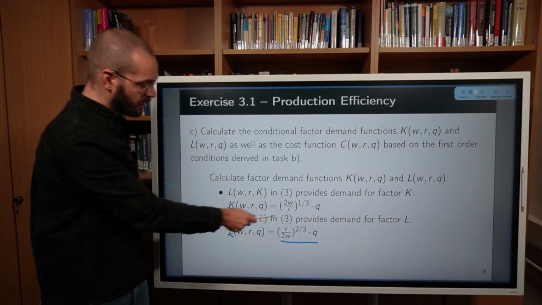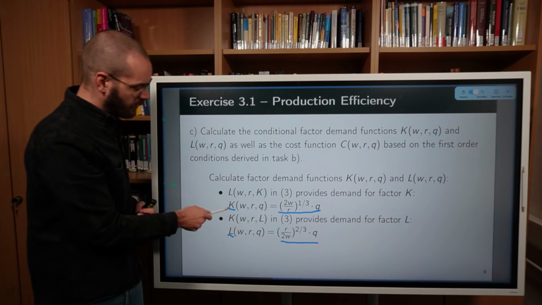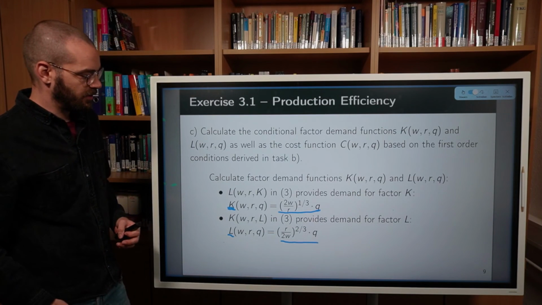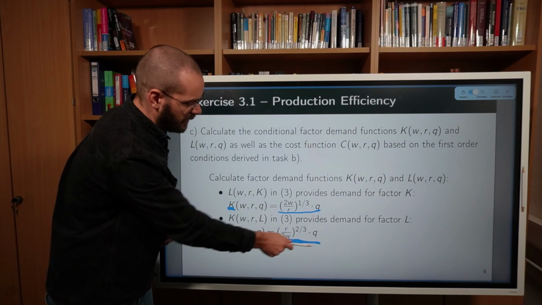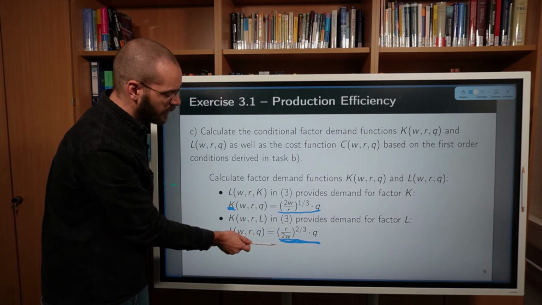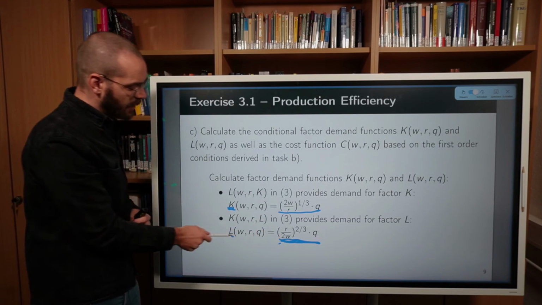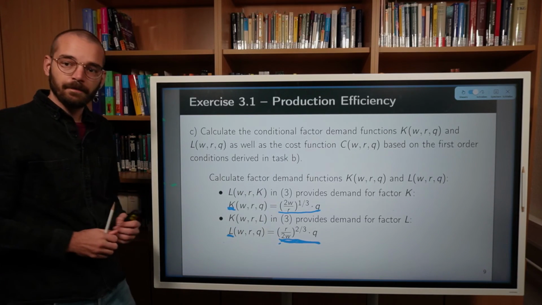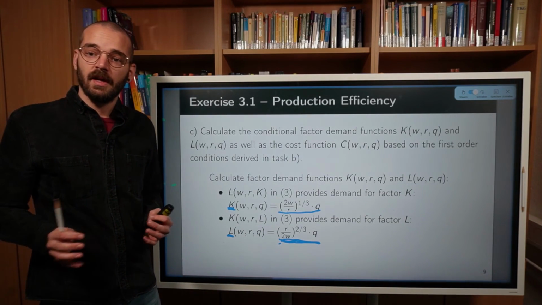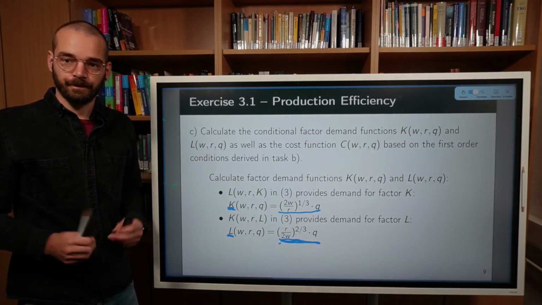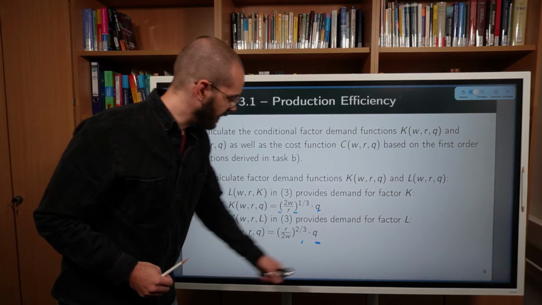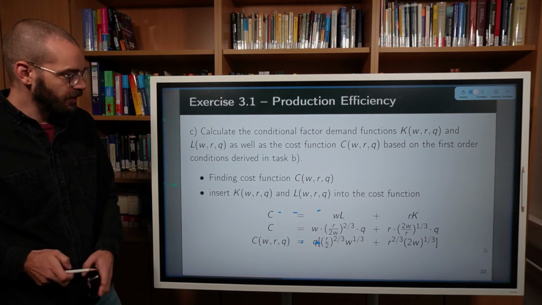So plug in this expression for K in the cost function, and plug in the expression in the fourth line on the slide for L in the cost function, and we should get an expression that only includes factor prices as well as Q. And that is exactly what we're doing on this slide.